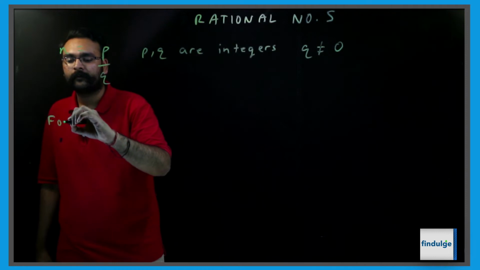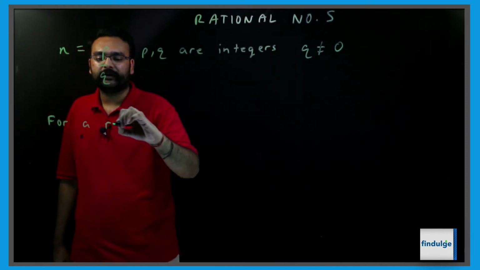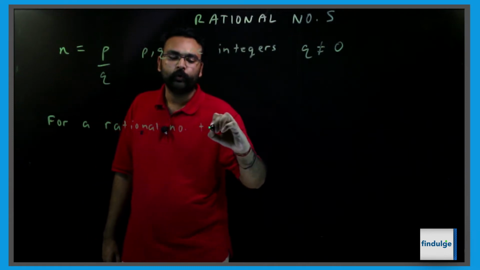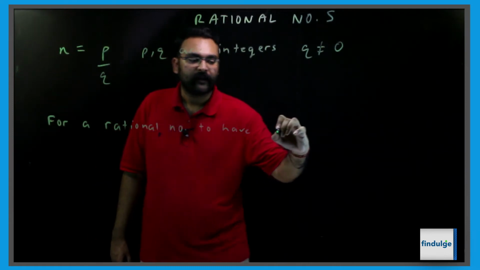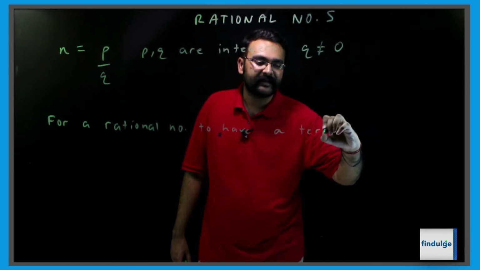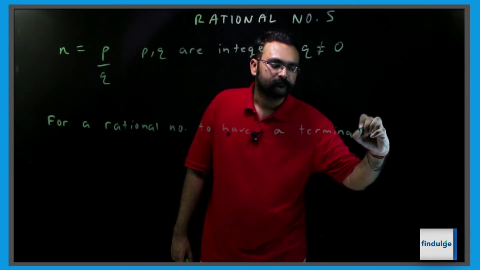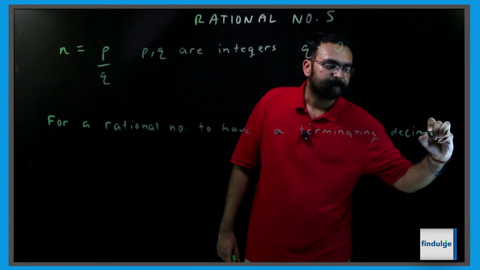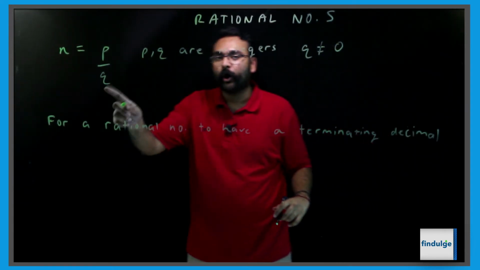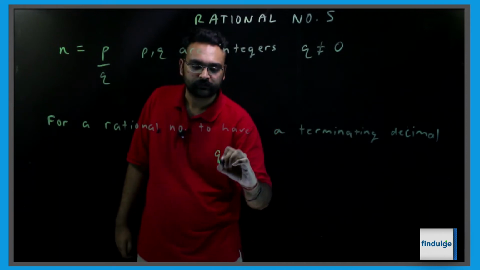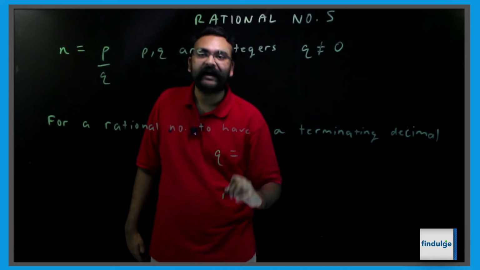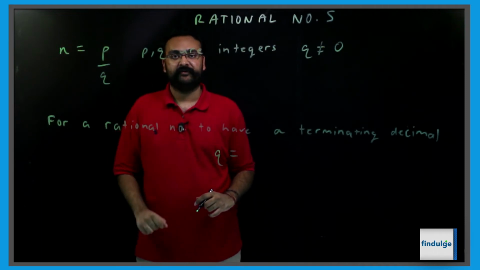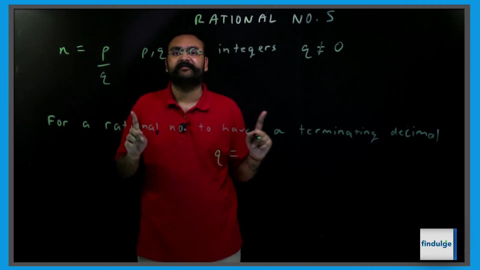For a rational number to have a terminating decimal, our denominator q can only have the factors 2 and 5. It cannot have any other factors.